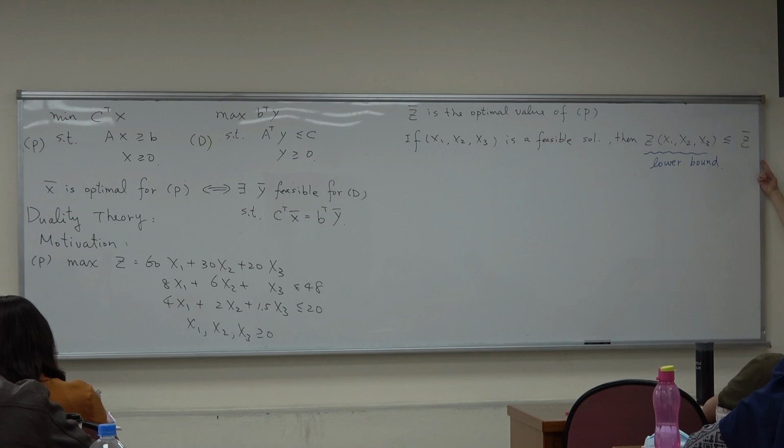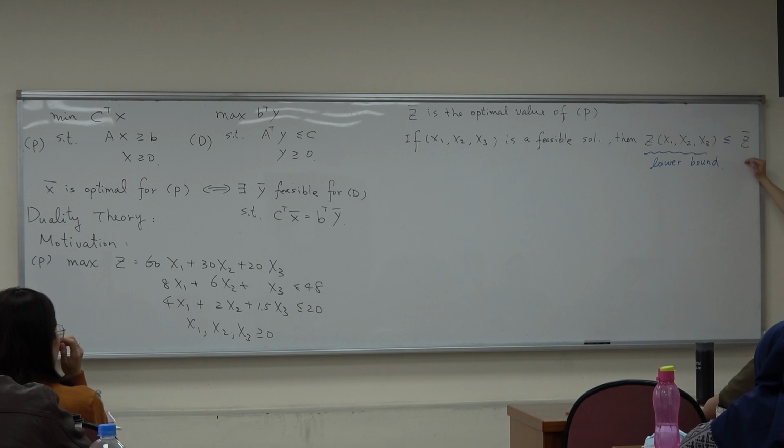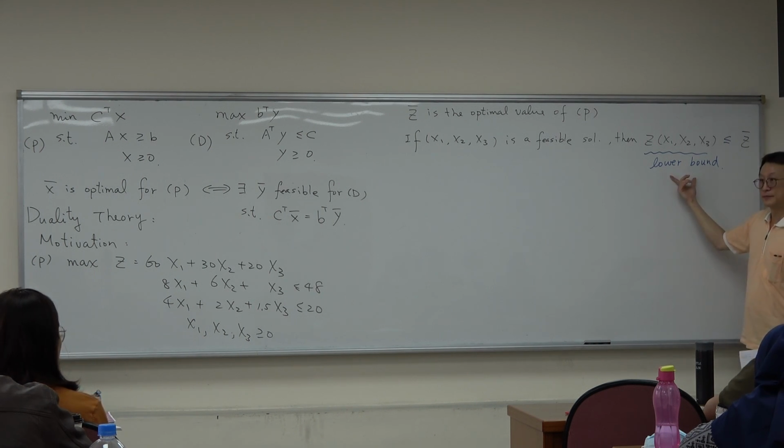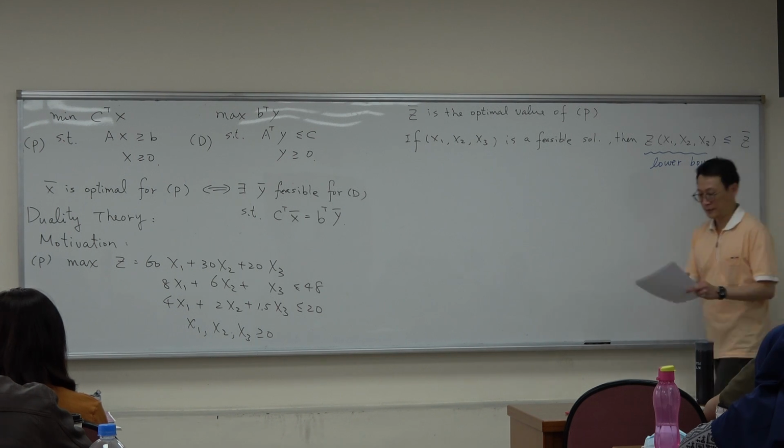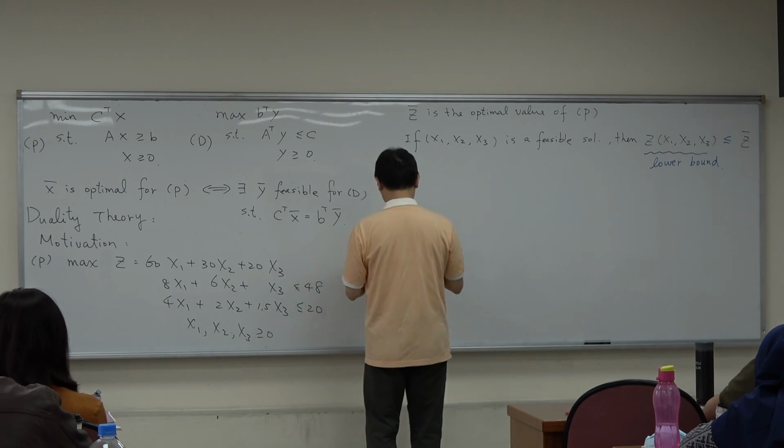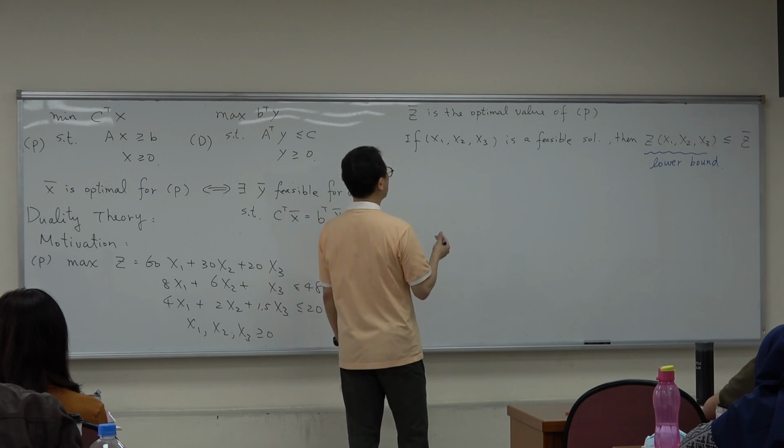Any feasible solution I plug in, I will find a value, and I already know that it should be less than or equal to z bar. So every value I plug in gives a lower bound.